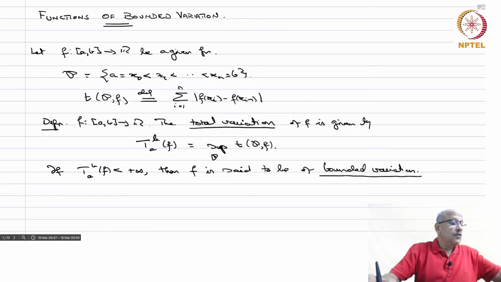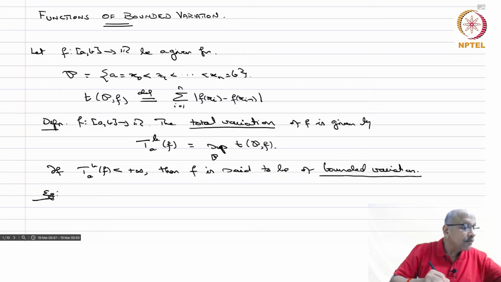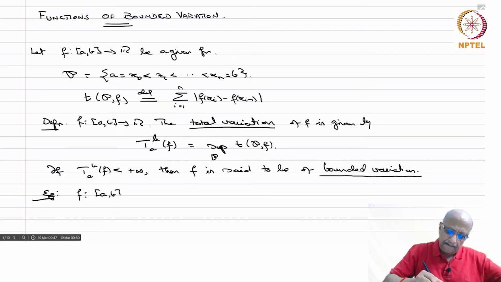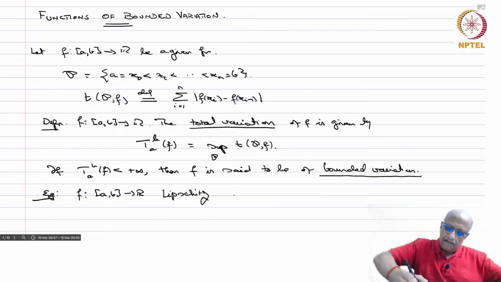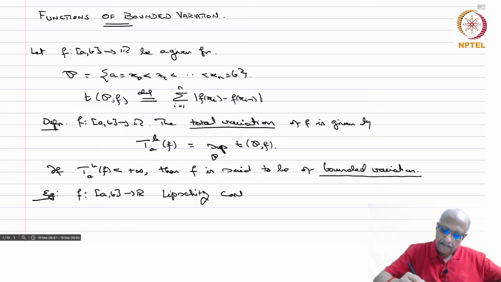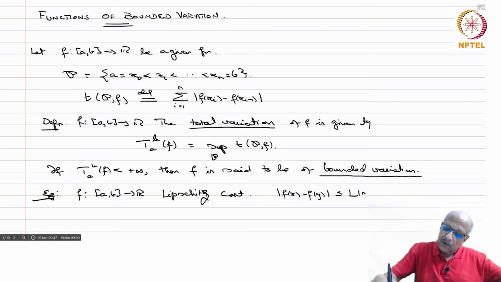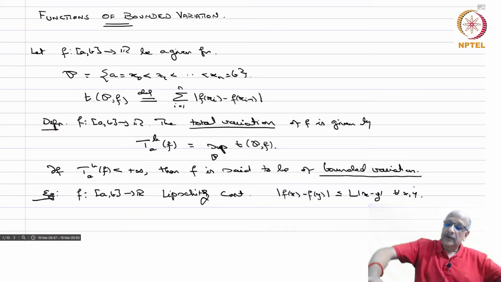Okay, so examples: f: [a, b] → R Lipschitz continuous. That means |f(x) - f(y)| is less than or equal to L times |x - y| for all x, y in [a, b].